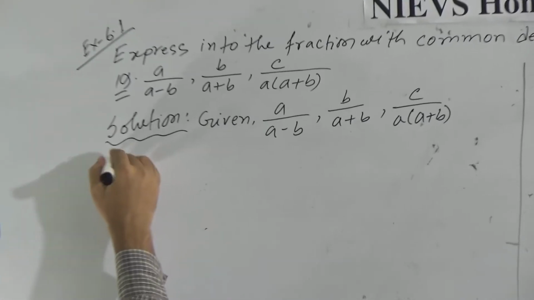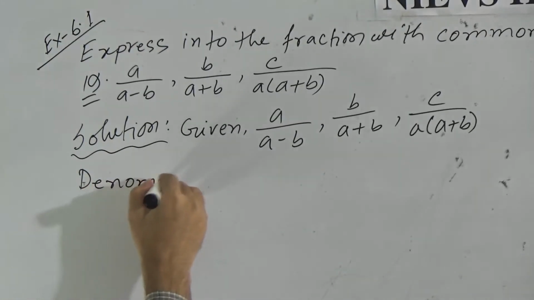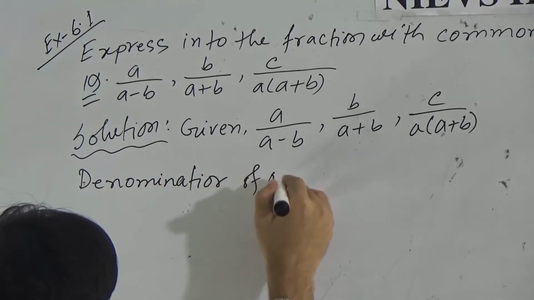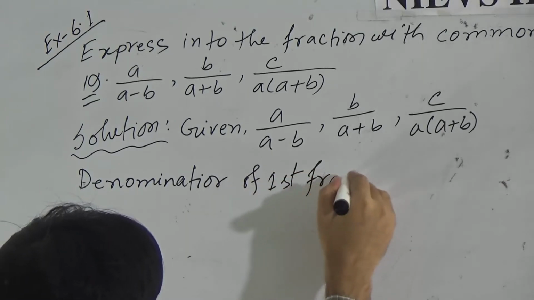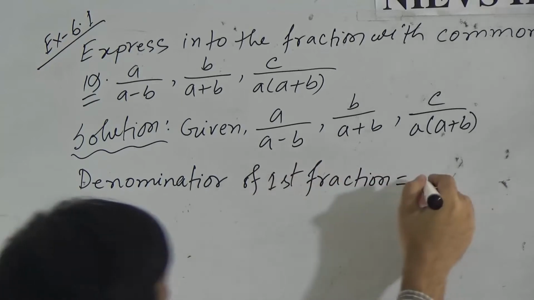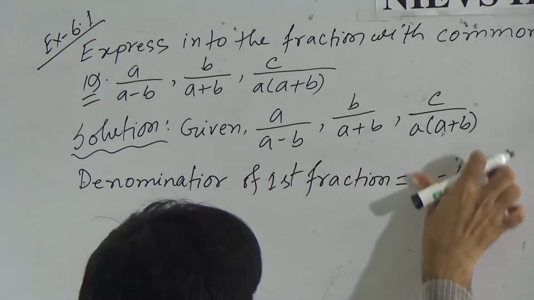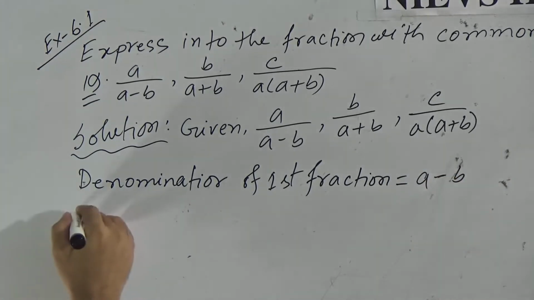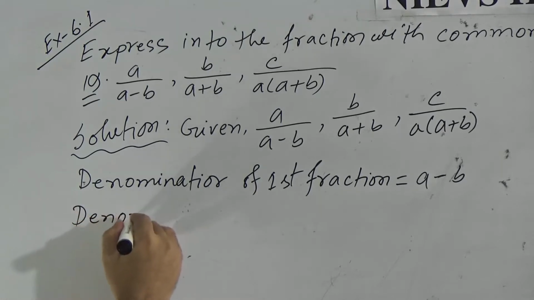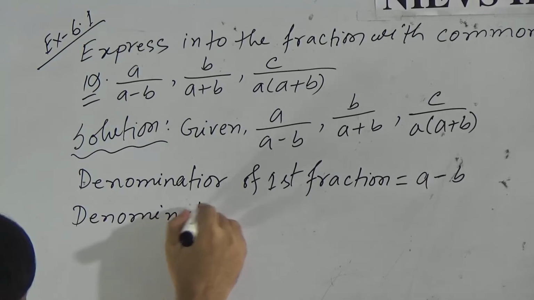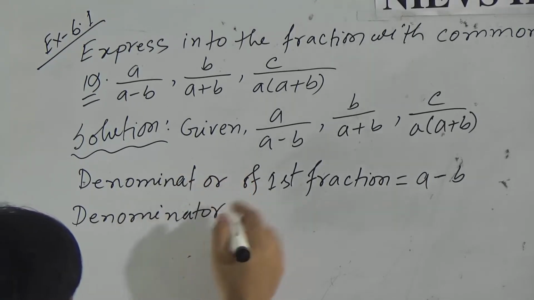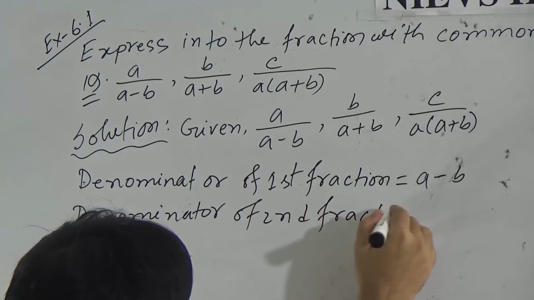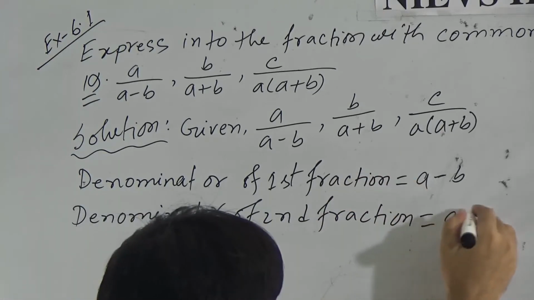So we can write the denominator of the first fraction. That is equal to a minus b. We can factorize this, so this will remain the same. Denominator of the second fraction is a plus b.